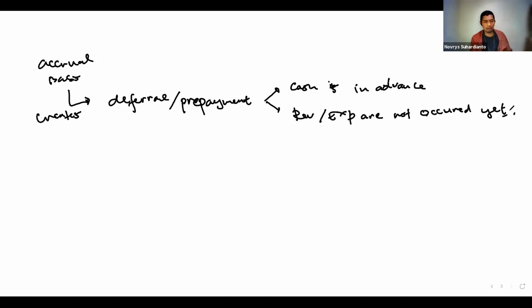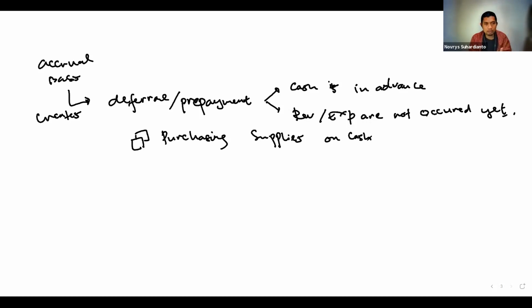Okay, let me give you an example. When you purchase supplies on cash, the supplies will give you benefit in the future, not directly when you purchase them, right?